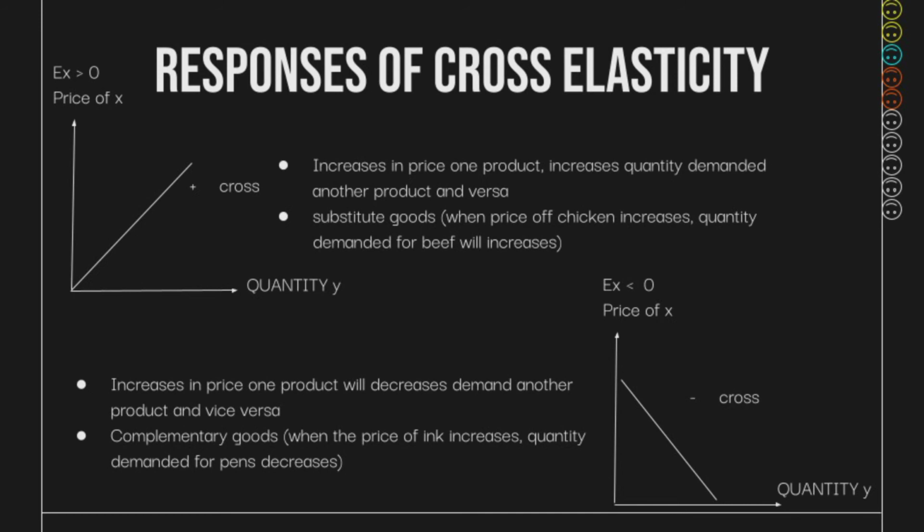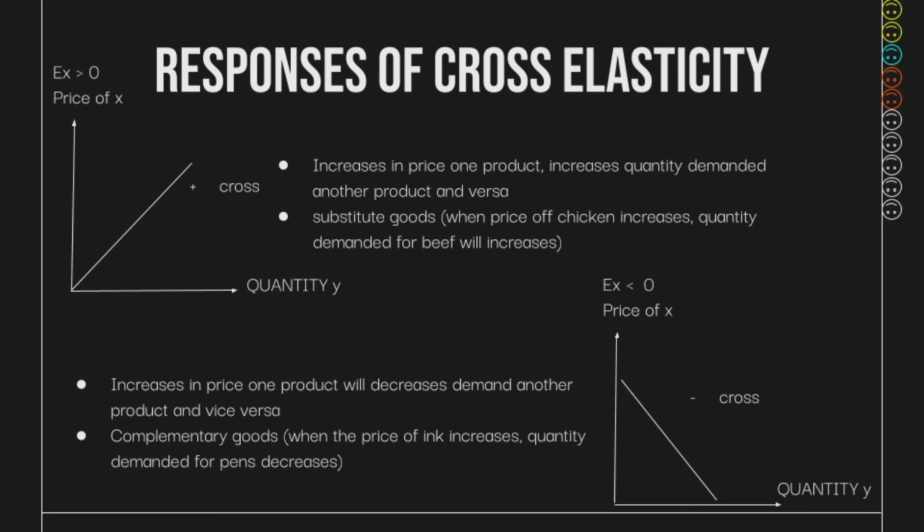And for graph 2, an increase in the price of one product will decrease the demand for another product and vice versa, applicable to complementary goods, which is when the price of a printer increases, the quantity demanded for pens decreases too. And this negative cross elasticity likewise indicates that the demand for good A will decrease as the price of B goes up.